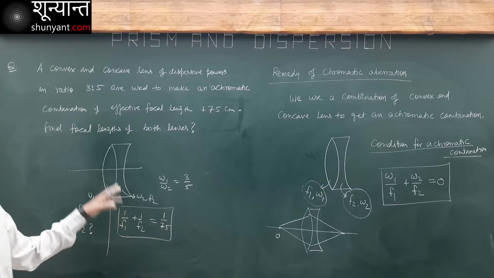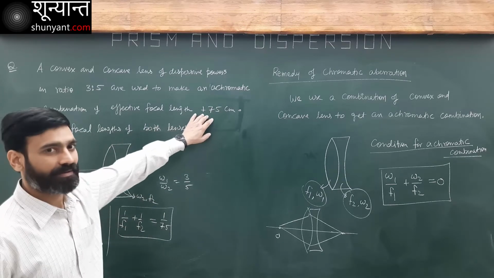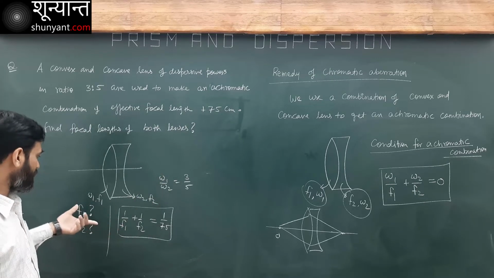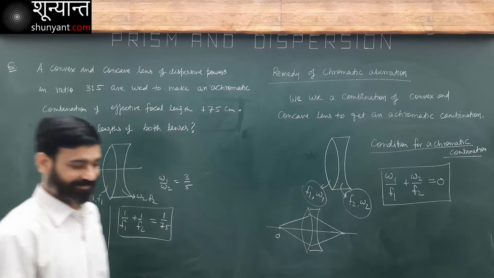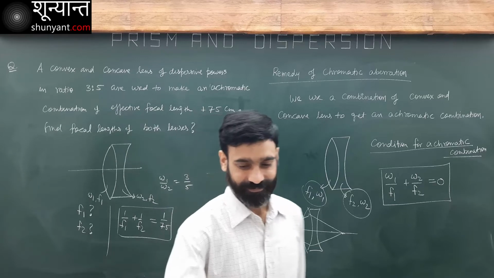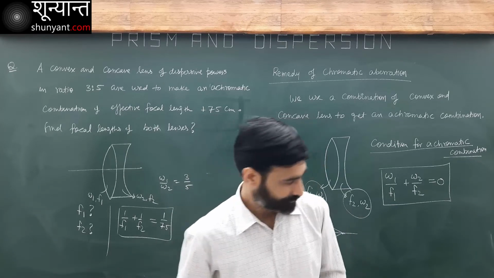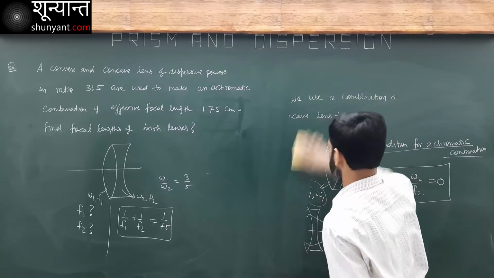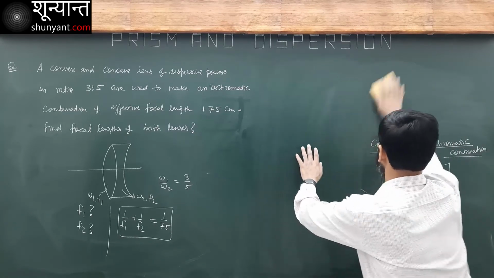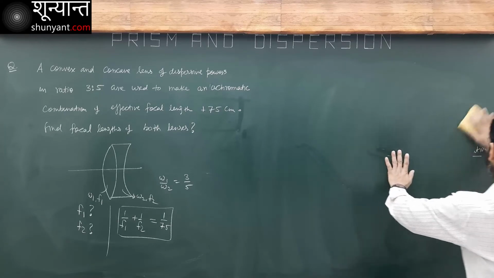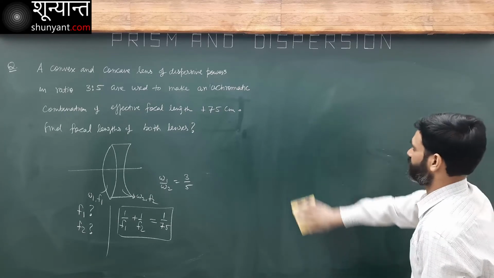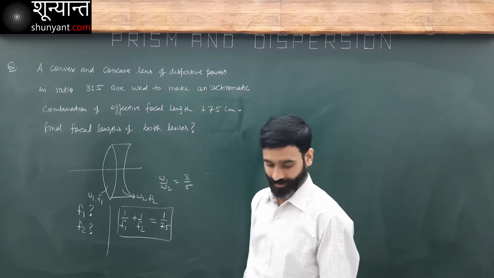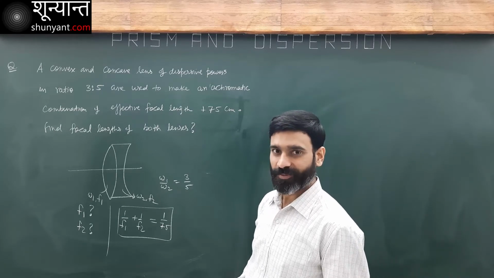The combination should have this effective focal length. So this is given. I want to find f1 and f2. Can you do that? Let's see. It should not be difficult to solve.